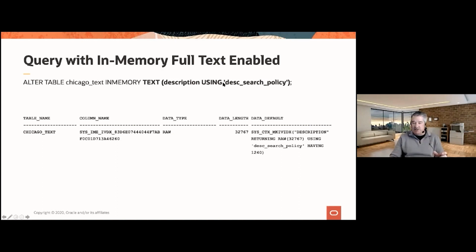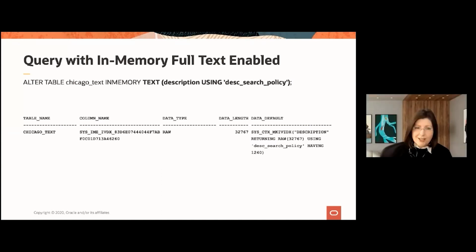It's optional for a policy, and looks like the context index you would do with Oracle Text. But instead of creating a separate text index, we populate this in the column store as another virtual column. Hopefully that makes sense.